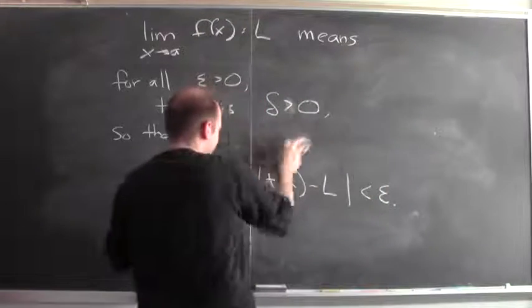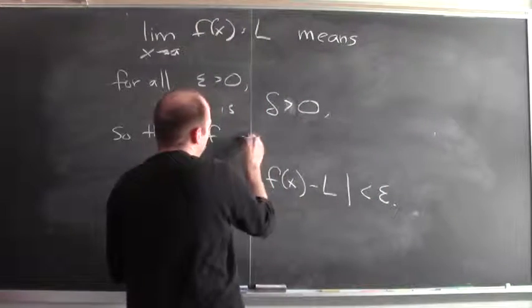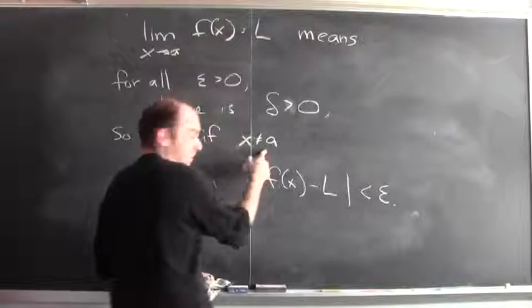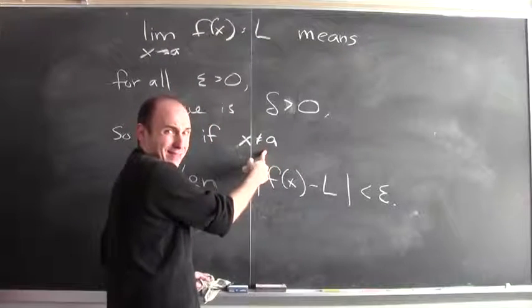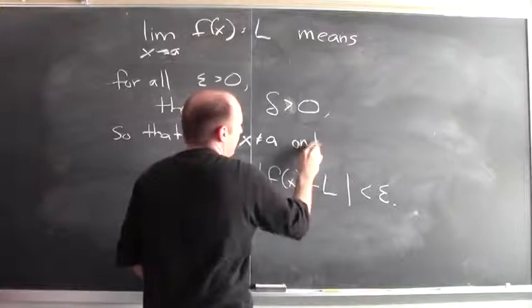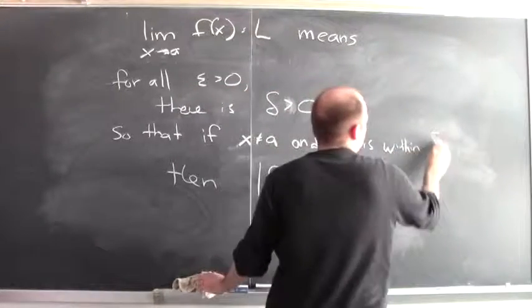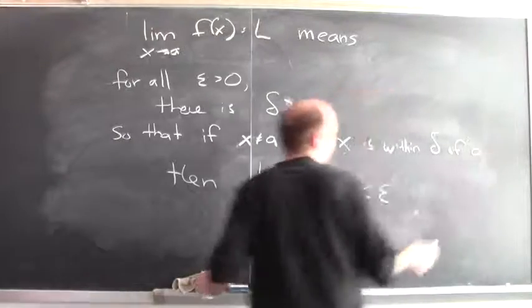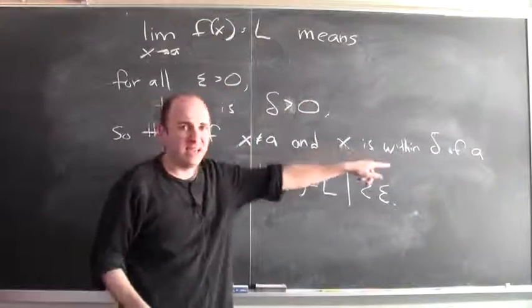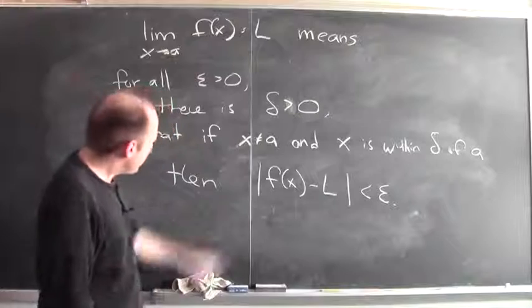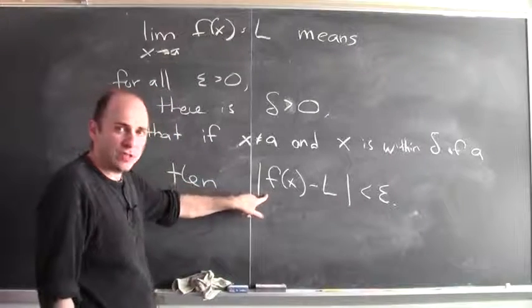So I can rewrite that maybe in a little bit easier way. Instead of saying that, it's the same thing to say if x is not equal to a, so the absolute value of x minus a isn't 0, and x is within delta of a. So the distance between x and a is less than delta. And I can do the same thing to this absolute value of a difference, right?